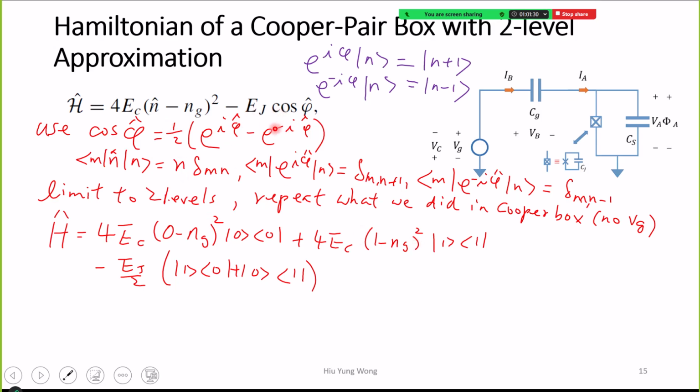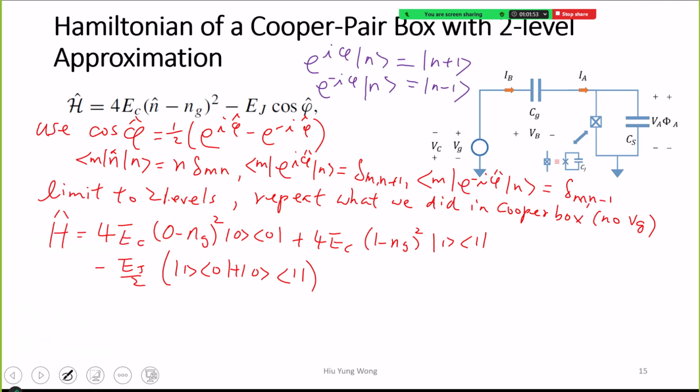And these two terms are only non-zero if they have an offset between m and n, either 1, 0 or 0, 1. And we don't care about negative 1 and 2 states because we limit ourselves to 2 levels in this case. And that's why I get this, right?